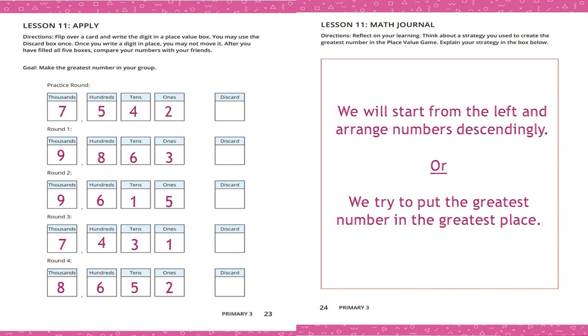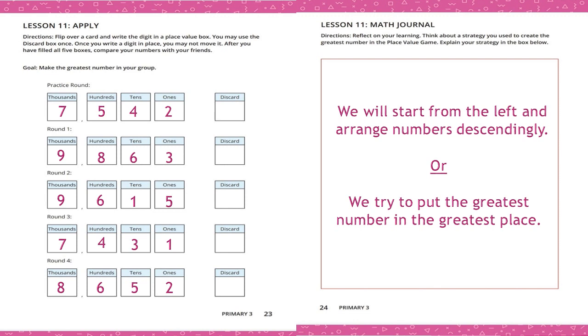The second 4 cards I picked 3, 6, 9, 8. I will make the greatest number from them. How? We put the greatest number in the greatest place. Then the greatest number will be 9,863. The third 4 cards I picked 6, 9, 1, 5. Then the greatest number from them is 9,615.